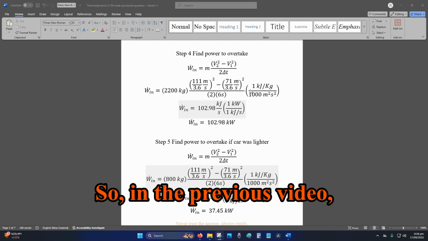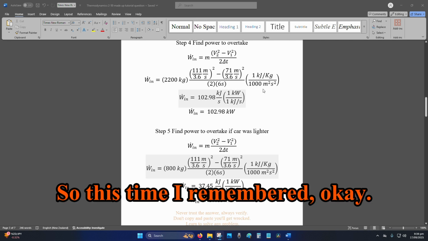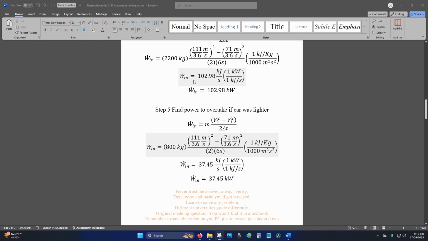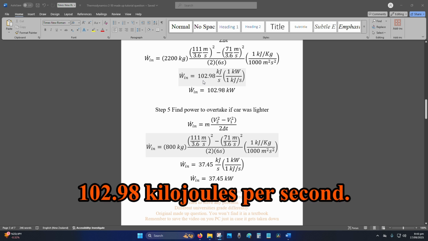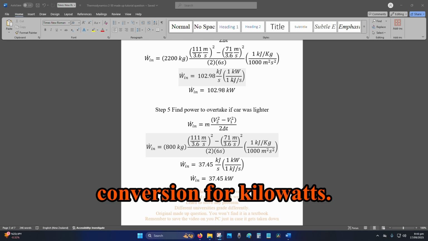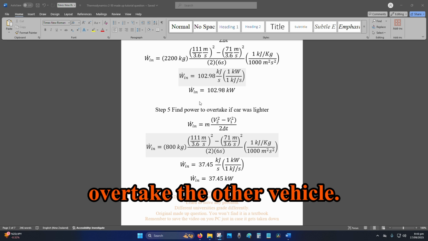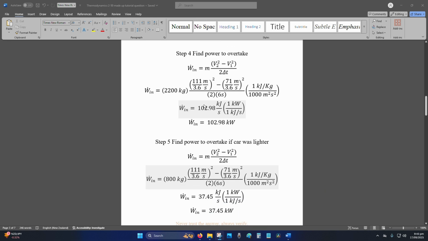In the previous video, I forgot to divide it by 1,000, so this time I remembered. Okay, so that will give you 102.98 kilojoules per second. So it's a 1-to-1 conversion for kilowatts. So it's 102.98 kilowatts to overtake the other vehicle.